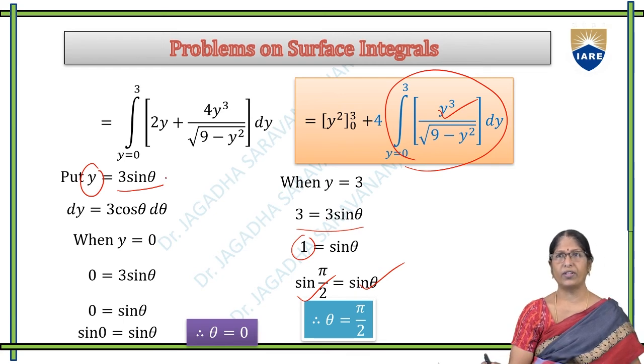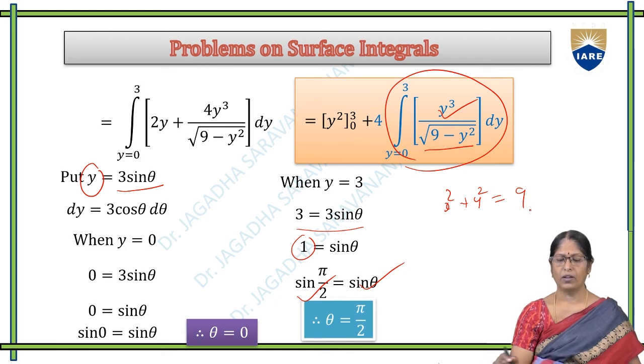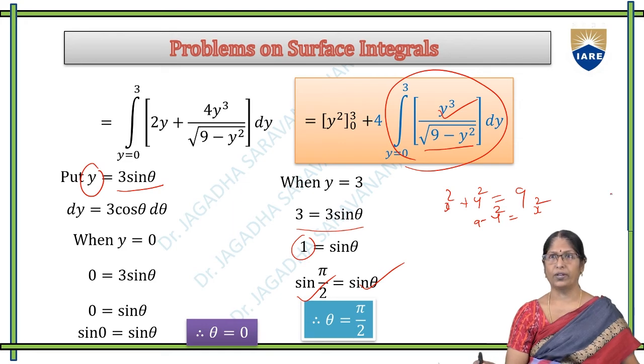So 27 sine cube theta. Here we are going to substitute x square plus y square equal to 9. So 9 minus y square equal to x square.